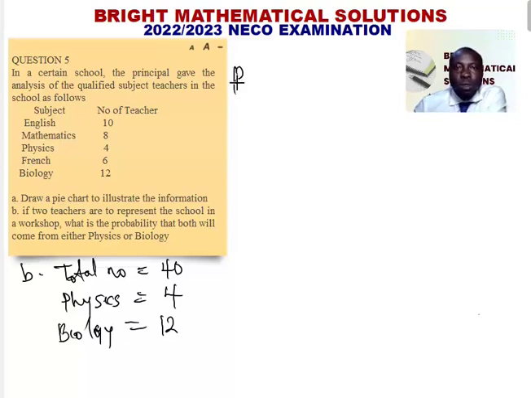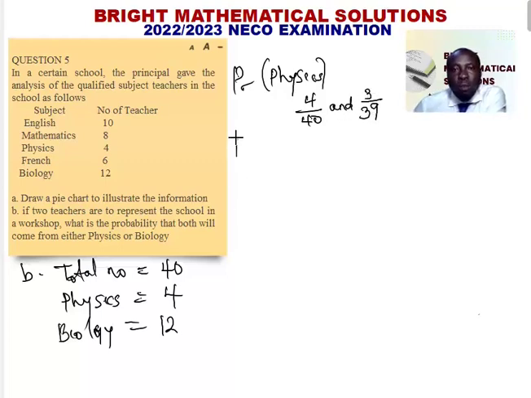Now, probability of physics, for 2 teachers to be represented from physics, now gives us 4/40, and this is the probability of the first teacher in physics. The probability of the second teacher will be 3/39, because one has been chosen, so the entire number of teachers remains 39.